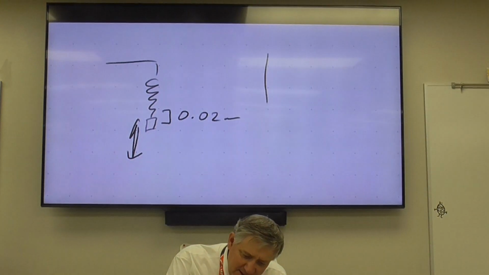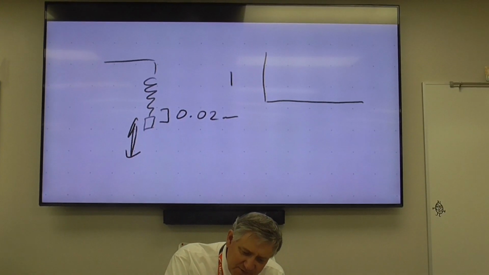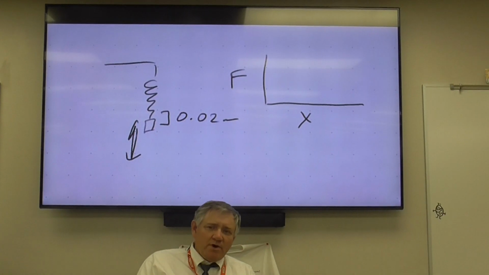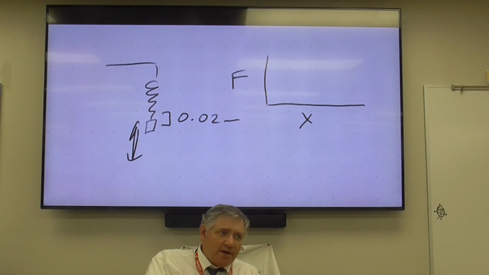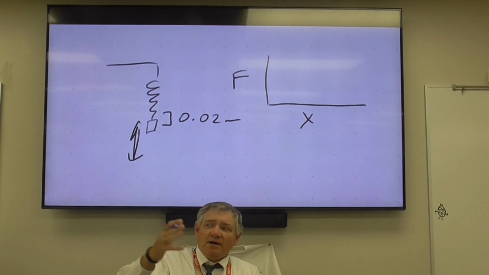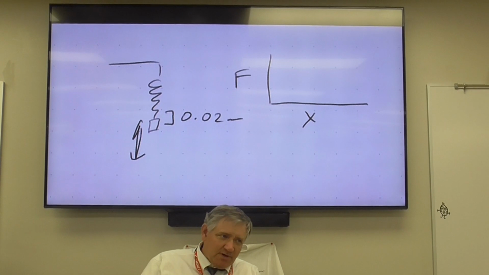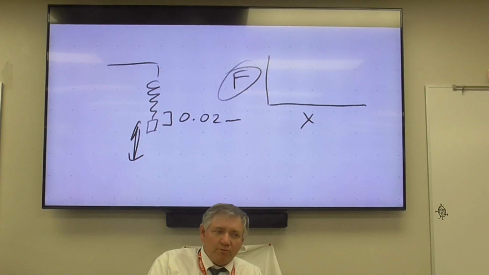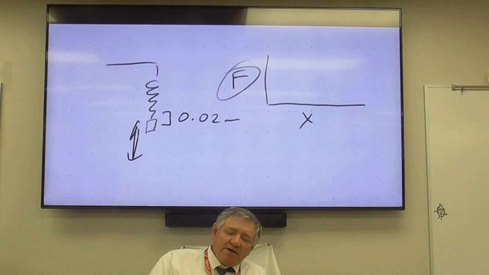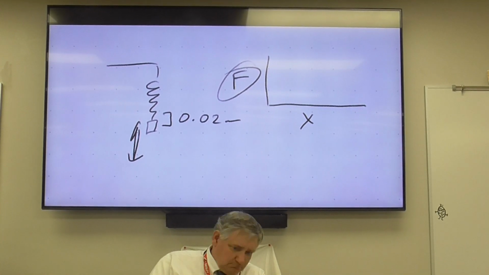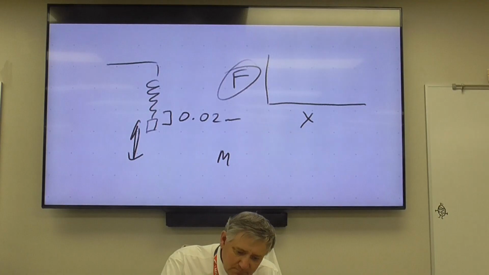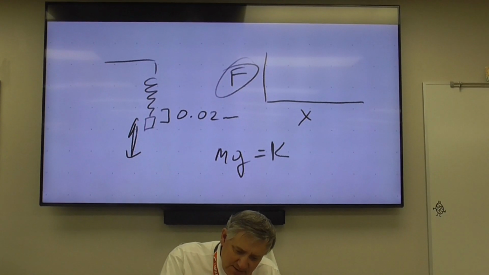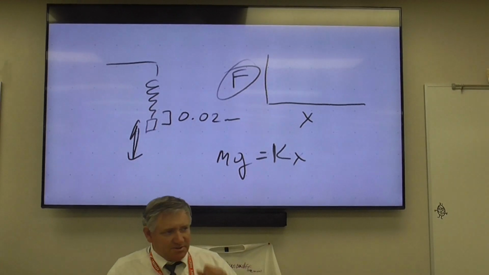But here's the story. At the end of the day, if you were to draw a graph of force and elongation, this is why you work with variables. The last thing you do is put in numbers. So this is going to be your force. How would you calculate that force? mass times gravity, mg. That's going to equal the slope of the line times your elongation.